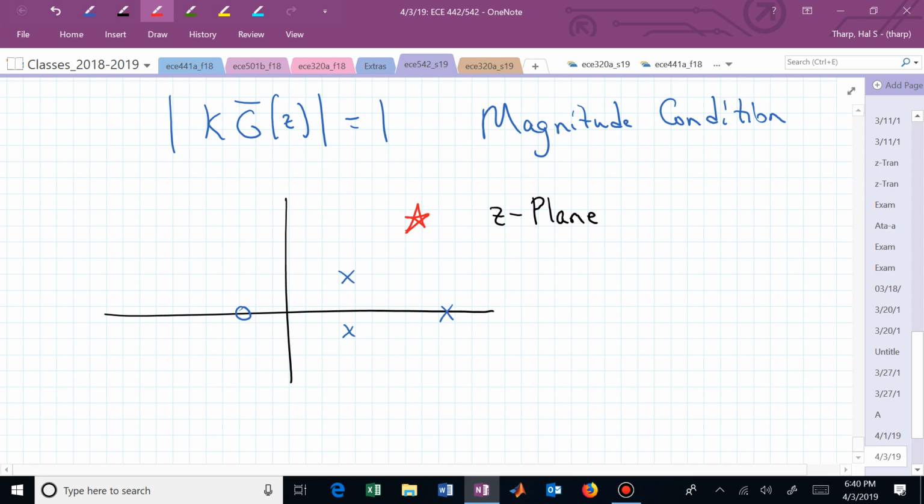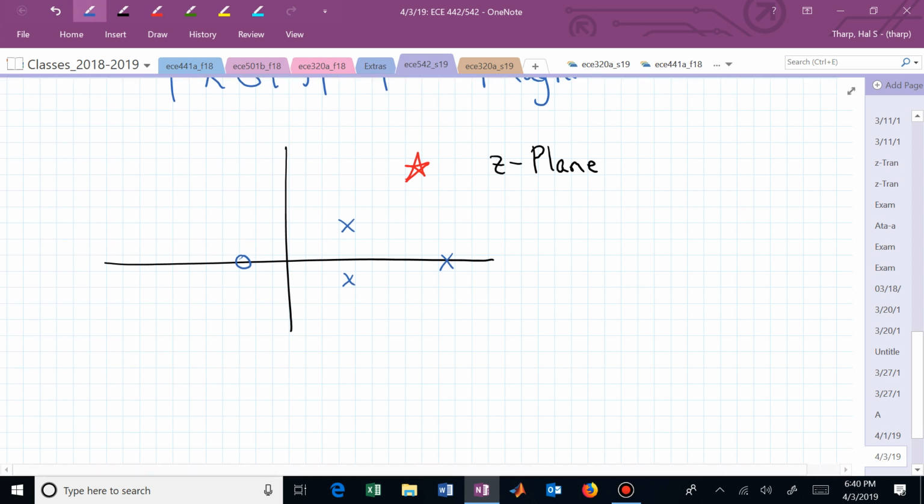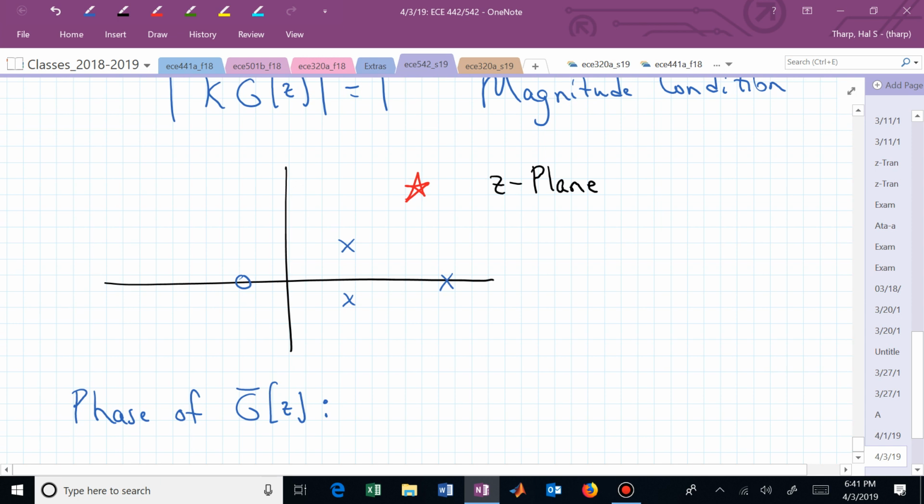What's the phase at that starred location relative to all of these poles and zeros? If I said this is now my G bar, could you now determine the angle of G bar of z?